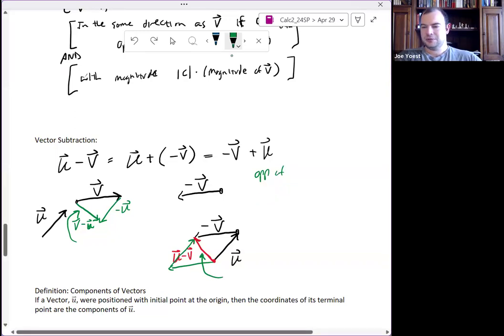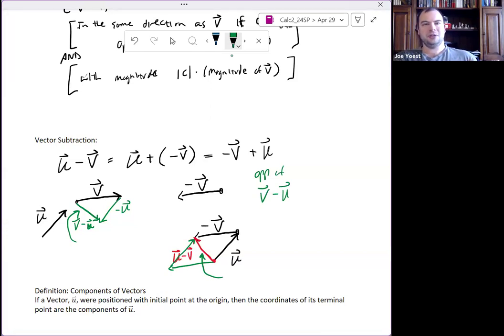So u minus v and v minus u are opposites of one another.